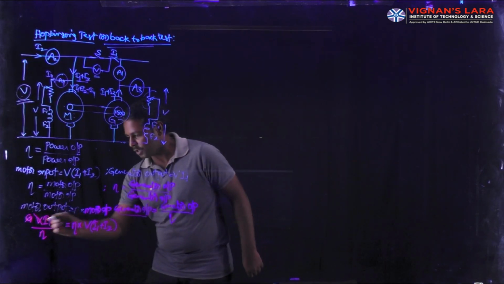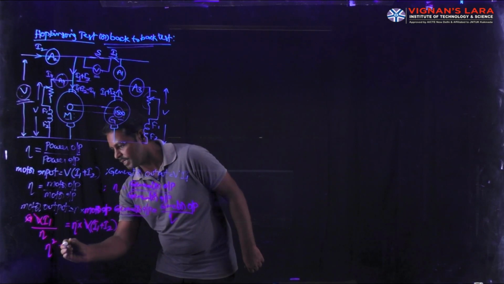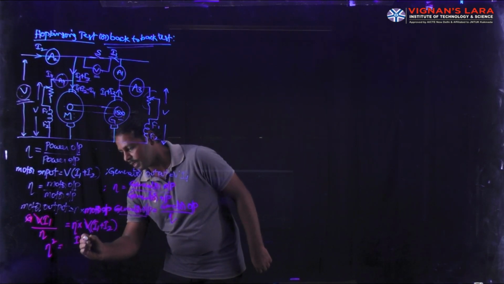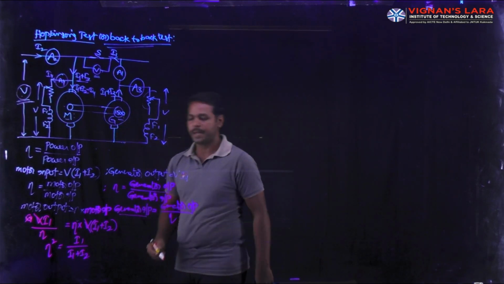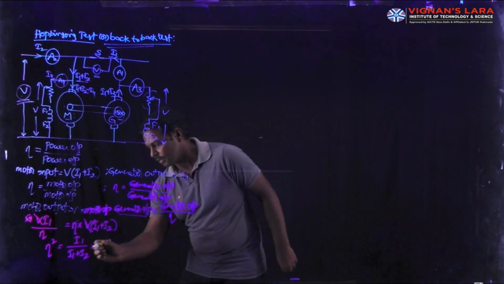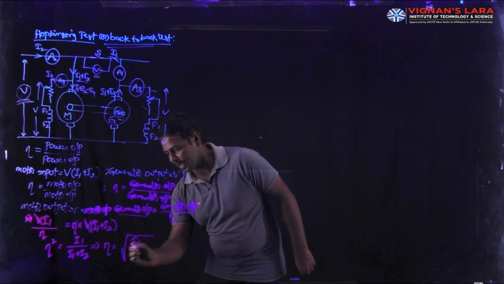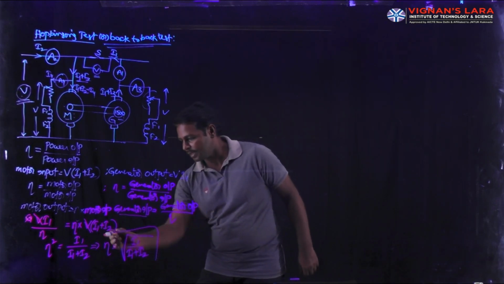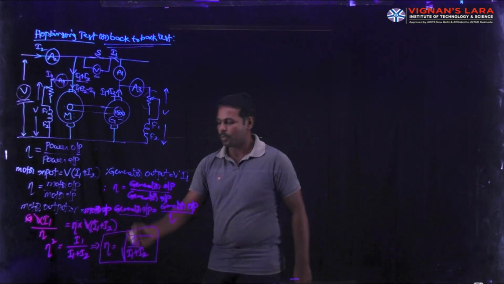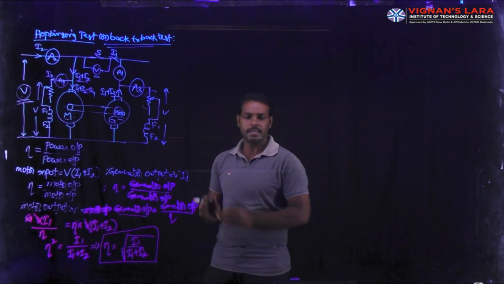The voltages get cancelled, so efficiency square is equal to I1 divided by (I1 plus I2). Then efficiency is equal to the square root of I1 divided by (I1 plus I2). This is the efficiency of a DC generator or motor, the common expression for both machines.